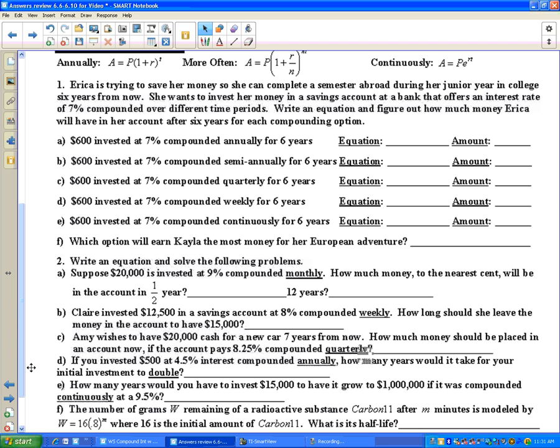So $600 invested at 7% compounded annually for 6 years. So I have annually, more often, and continuously. Annually, A is equal to my principal, 600, times 1 plus my rate, which is 0.07, to the 6th power.